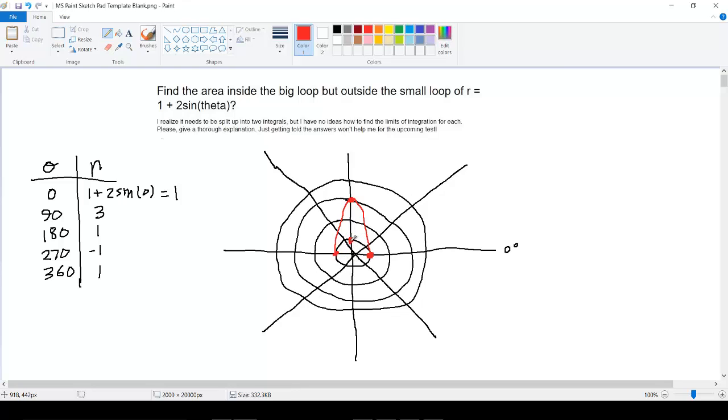And the thing we want to do here is actually figure out what kind of shape the graph's making between this point and this point.